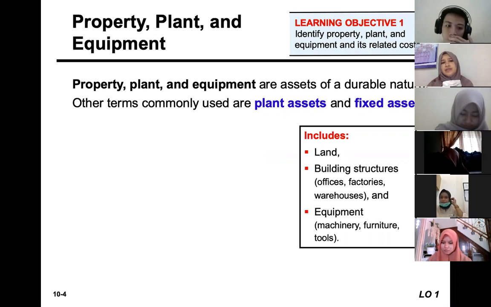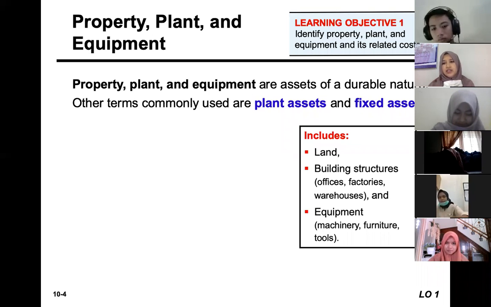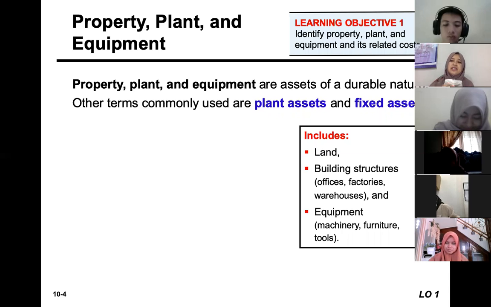Okay, sometimes property, plant, and equipment is shortened into PPE. They are of durable nature. What is durable? Durable is the opposite of perishable. Perishable like food items. Durable is something that can stay for a longer period.